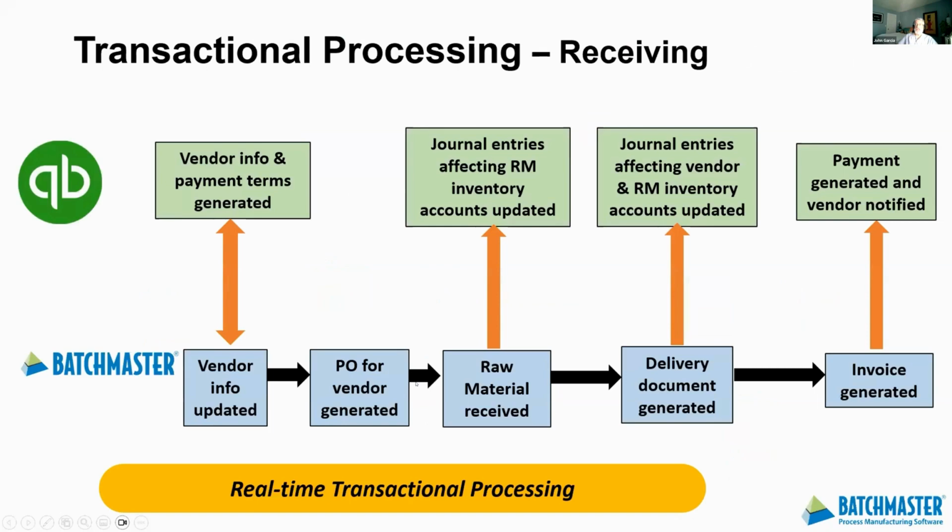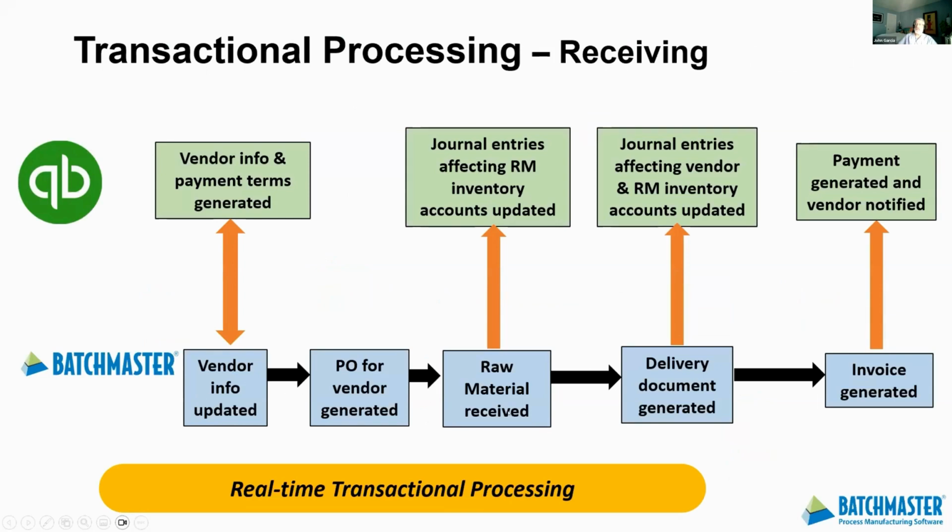Now, one of the key things is the transactional processing, and that's between BatchMaster and QuickBooks. Again, we have to deal with the vendor, the PO, and what we're doing is updating the journal entries across the board for this receiving cycle.